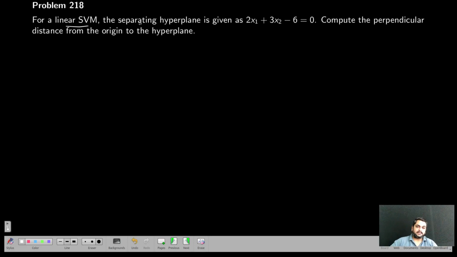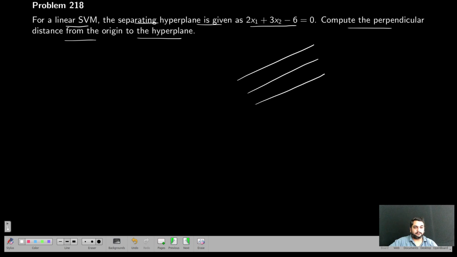For a linear SVM, the separating hyperplane is given by this equation. Compute the perpendicular distance from the origin to the hyperplane. That is again, they are asking the same thing. Origin means X is the data point 0, 0. So what is W here?